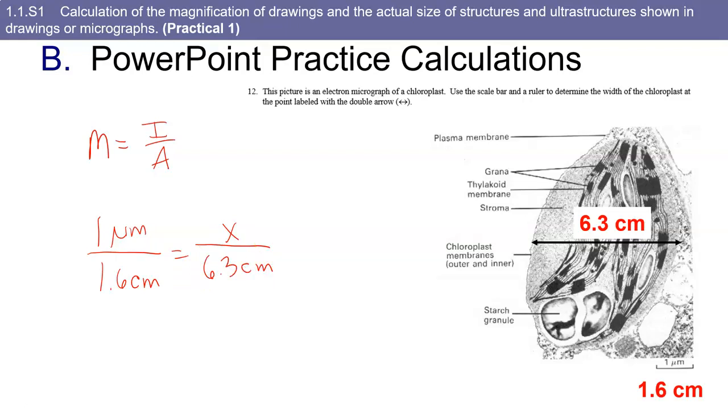Now this time it's okay to have different units as long as I line them up on my side of the proportion. If I solve for x, I cross multiply, I get 1.6x equals 6.3, divide both sides by 1.6, x ends up equaling 3.9 micrometers. The centimeters would cancel as I do the math here.